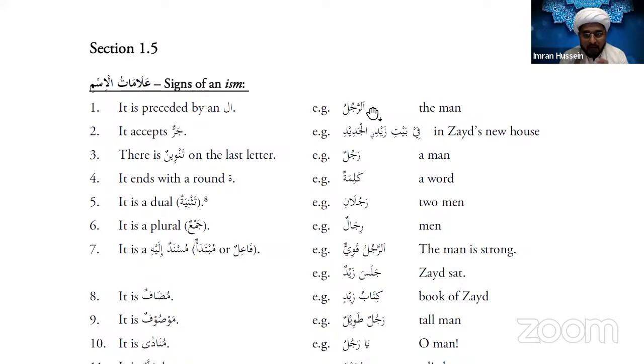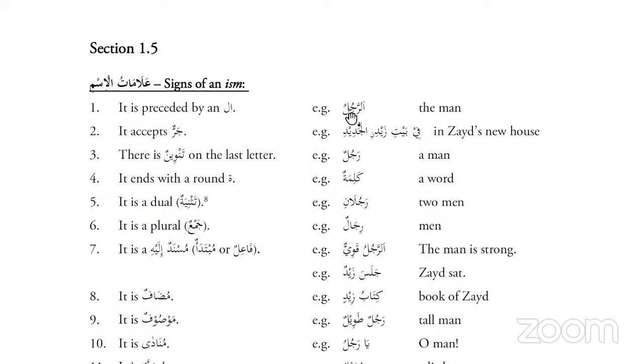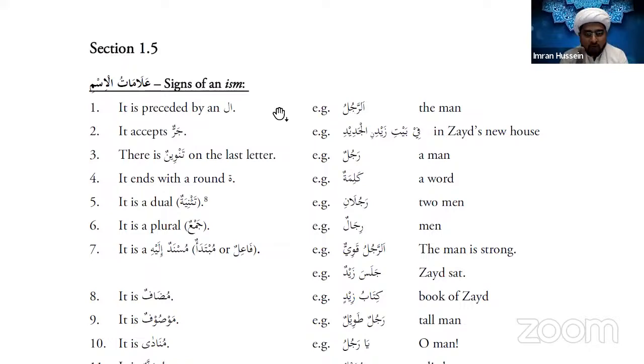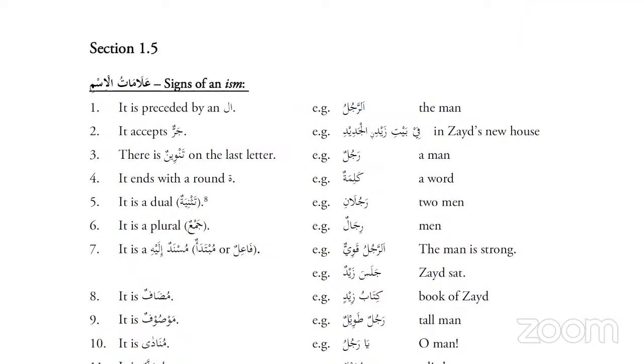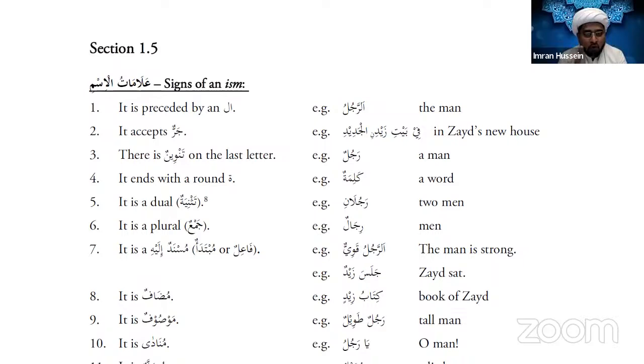Correct. So whenever you have the alif lam, ar-rajulu, as you know, in the Arabic language there are two types of words when alif lam comes: huruf shamsiya and huruf qamariya. Huruf shamsiya is when the alif lam joins a word that begins with one of the 14 letters of the alphabet; the lam becomes silent and a shadda is put there.